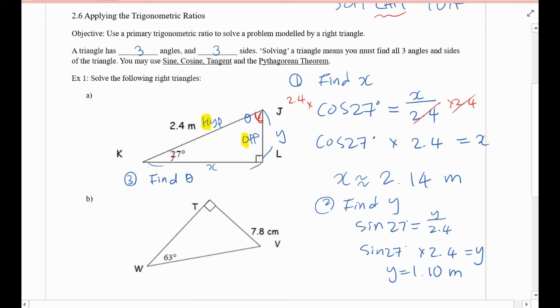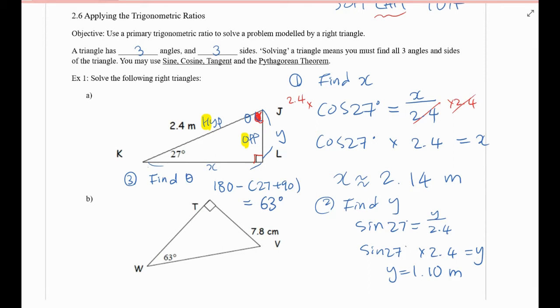So this is 27 and this is 90, and adding this, you should get 180 degrees. So we're going to subtract 27 plus 90 degrees. Then that will be 63. So the answer is 63.